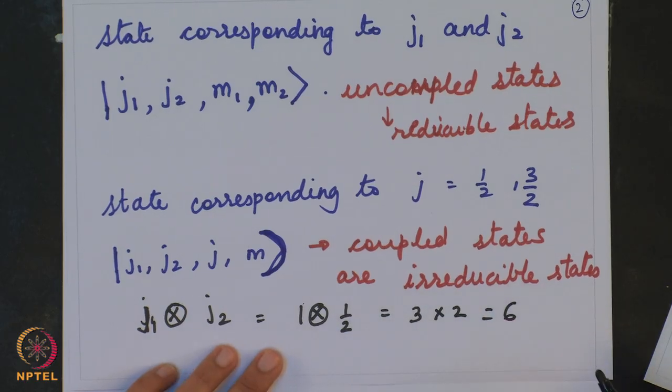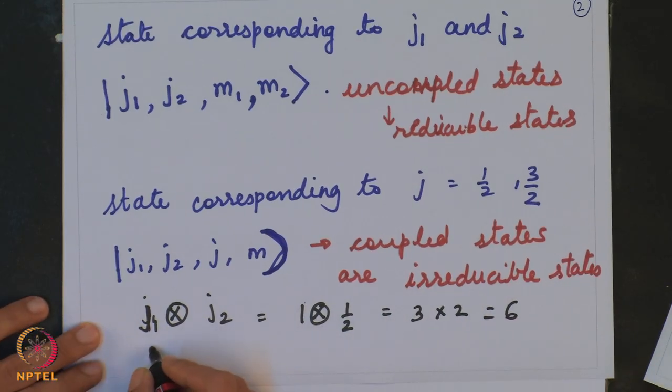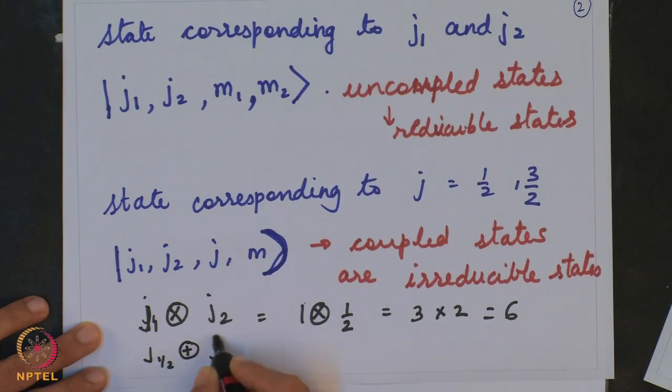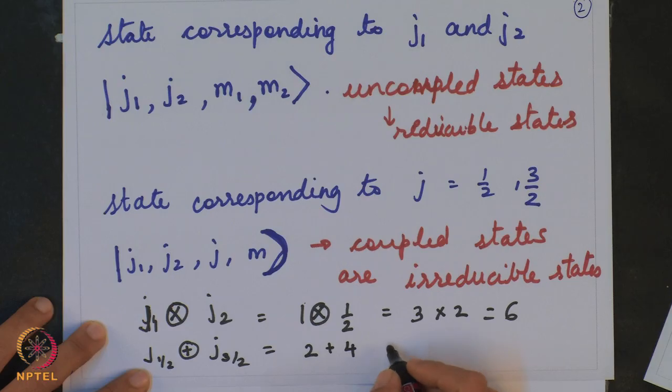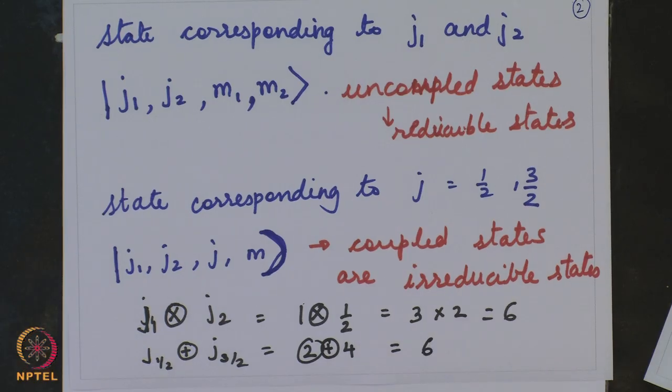This is nothing but 6. Similarly, for J equal to 1/2 the dimensionality is 2, and for J equal to 3/2 the dimensionality is 4. This is 2 plus 4, that is 6. So, dimensionally you can see that the two dimensions are matching.